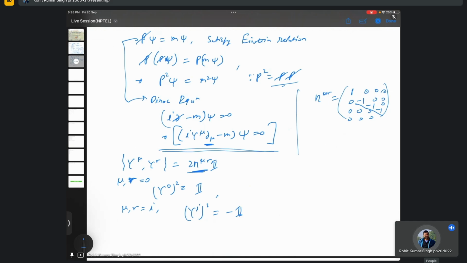And also if you want to check, you can try putting mu equal to 0 and nu equal to i. Then what you get is gamma i gamma 0 plus gamma 0 gamma i is equal to 0, because besides the diagonal elements in this matrix, all other components are 0.